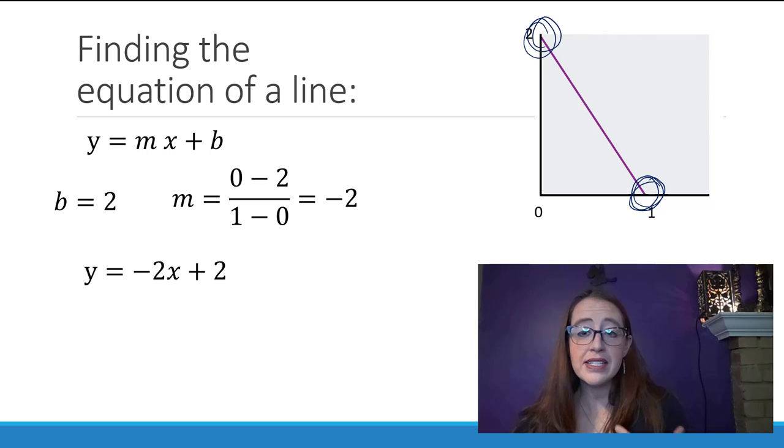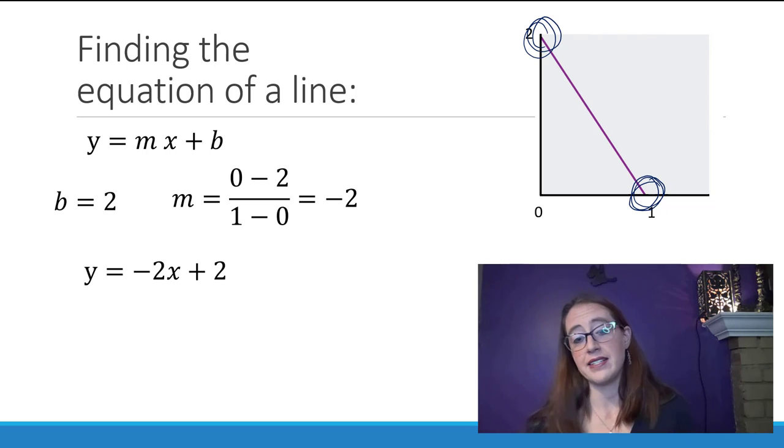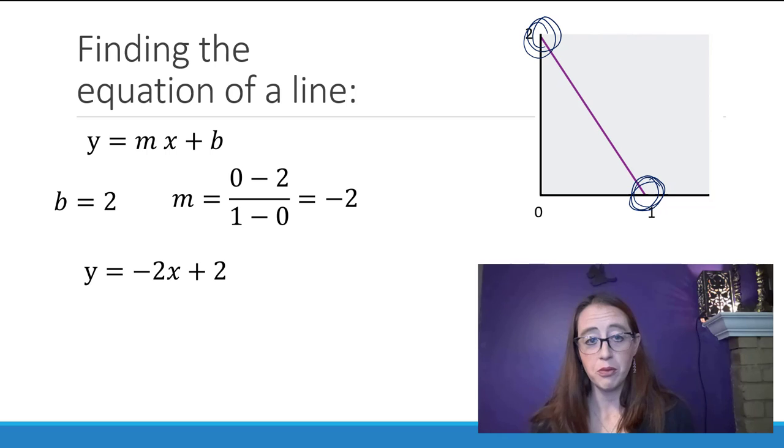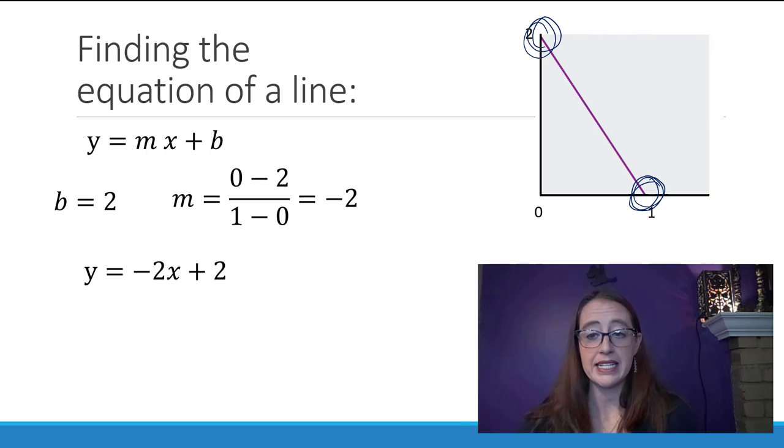Now, notice how we could determine these values from the graph. This is something that in science we're going to do a lot of. We're going to have a graph that, let's say, we got in a lab from running an experiment, and then from that graph we can pull out the slope, we can pull out the y-intercept, and those are going to have scientific meaning to them. Let's do an example of that now.